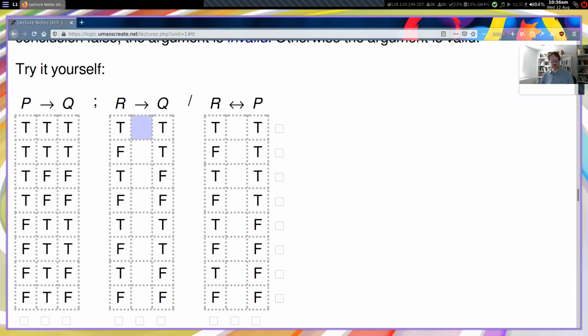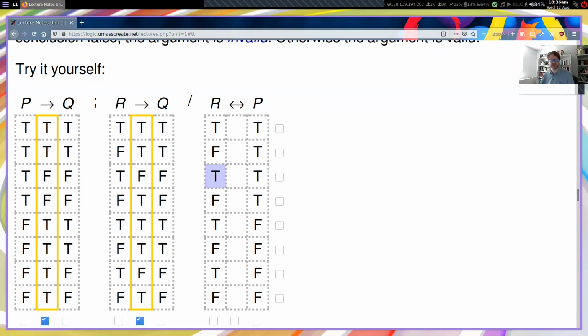True arrow true is true, false arrow true is true, true arrow false is false, false arrow false is true, true arrow true is true, false arrow true is true, true arrow false is false, false arrow false is true. So this column here and this column here represents the truth or falsity of the premises.